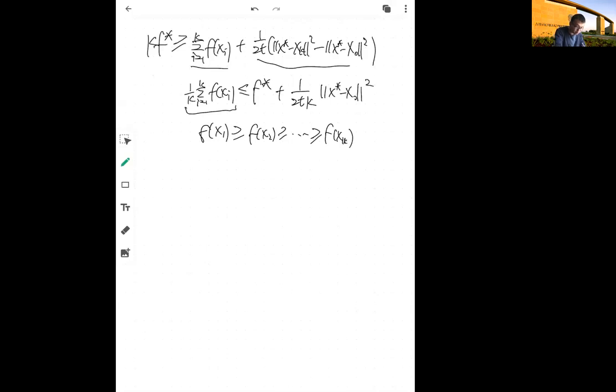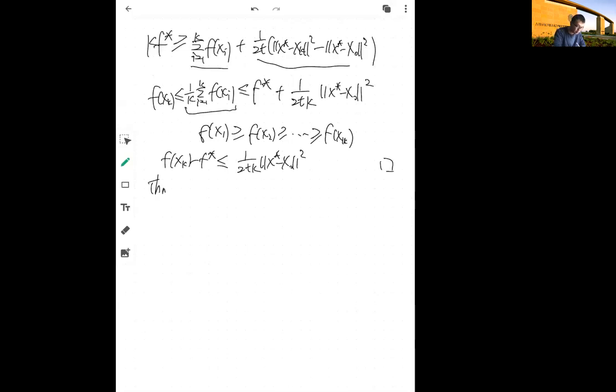Therefore, we can lower bound the average by the minimum, so the minimum is going to be f of xk. Collecting all the results together, we get the desired result, minus f star. So this is suboptimality. It goes to 0 at a rate 1 over tk times x star minus x0 squared. Okay, that completes the proof.